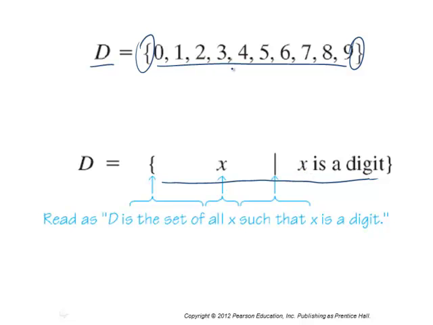And of course 0, 1, 2, 3, 4, 5, 6, 7, 8, 9 are digits. So these two sets are really the same thing, just two different ways of expressing them. So here we have set builder notation, and up here we have more of an explicit listing.